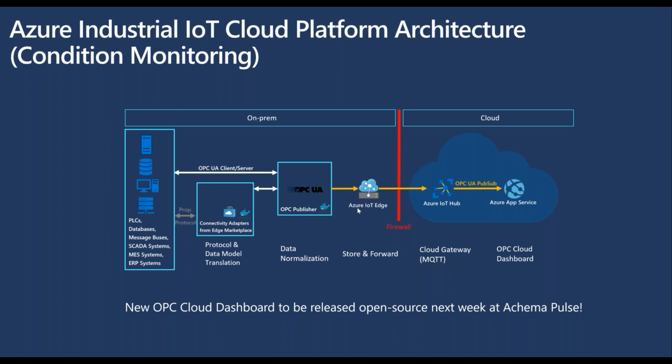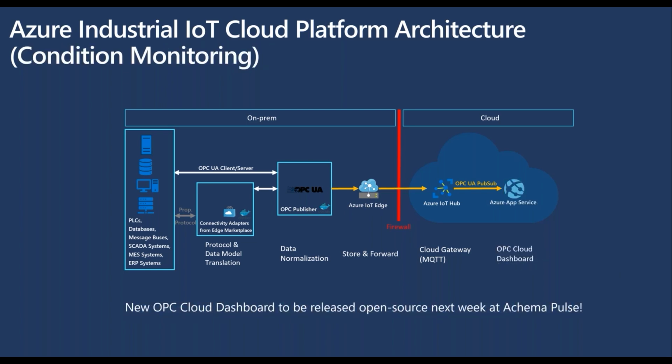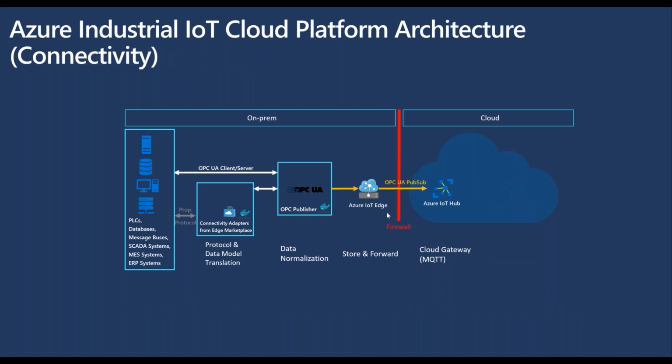OPC Publisher runs inside of Azure IoT Edge as a Docker container, and Azure IoT Edge gives you store and forward capabilities. So if you have an unreliable internet connection, that's taken care of. And then you just have an IoT Hub as a cloud gateway in the cloud.